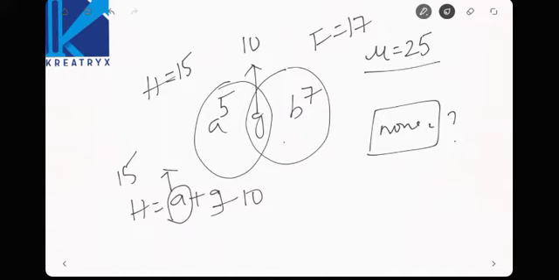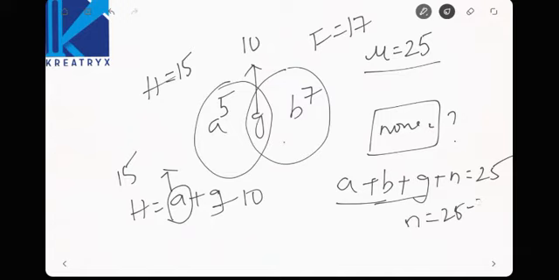Your mu must be 25. A plus B plus G plus N must be 25. See here, A is 5, B is 7, and G is 10, total 22. Now N is 25 minus 22, that is equal to 3. None means 3. So your answer is 3.